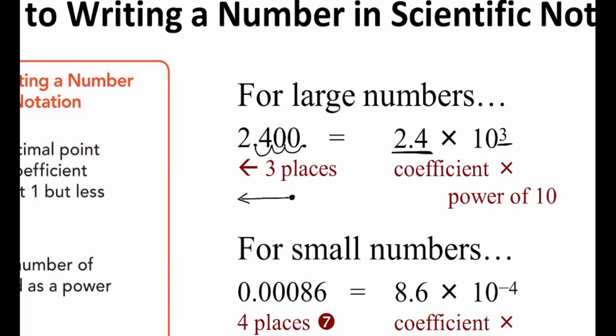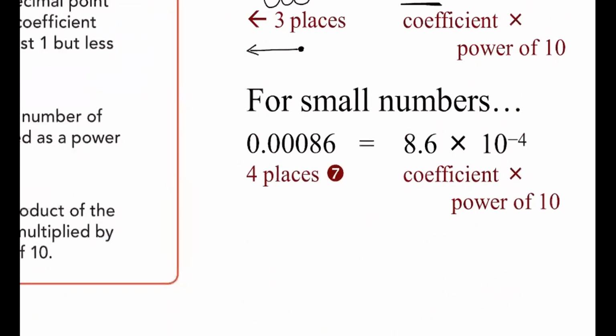What if I have a small number? If I have a small number, I'm going to move the decimal place from left to right.